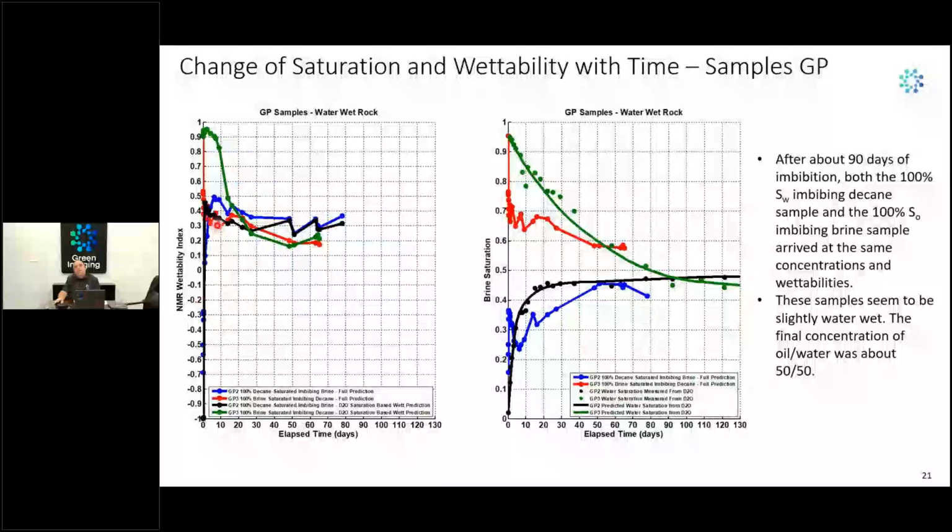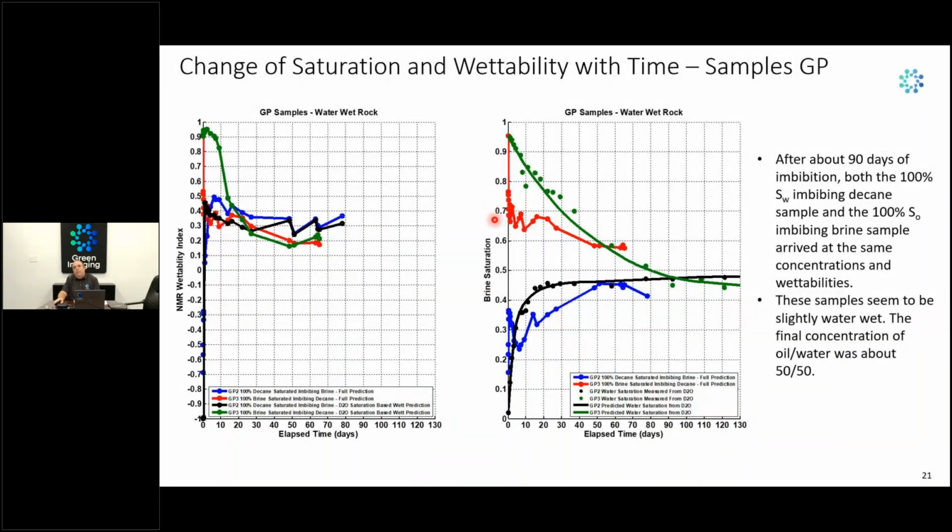Over time, the two samples meet, in this case near 0.3, 0.4. The change in wettability here was much faster than the previous sample. Within 10 days, it arrived at a pretty stable wettability.